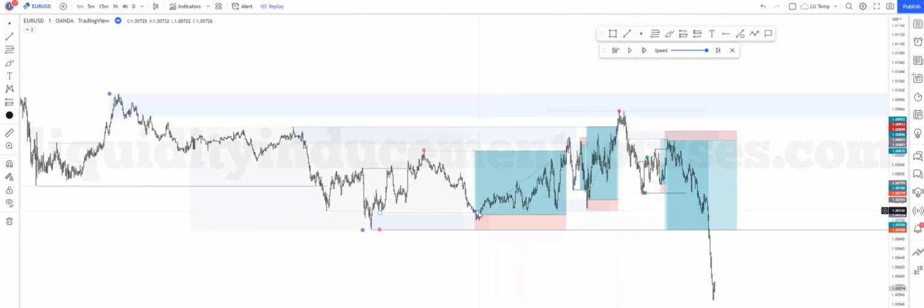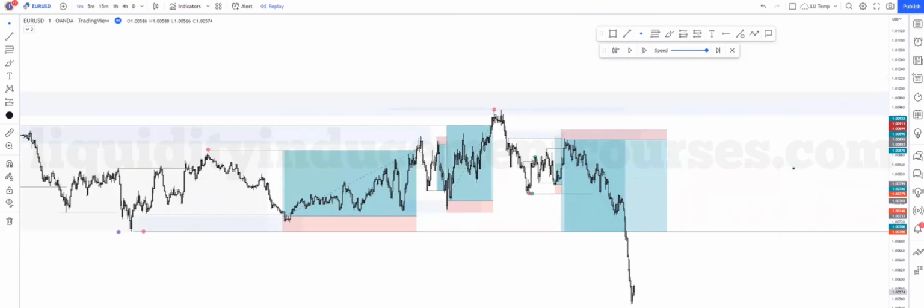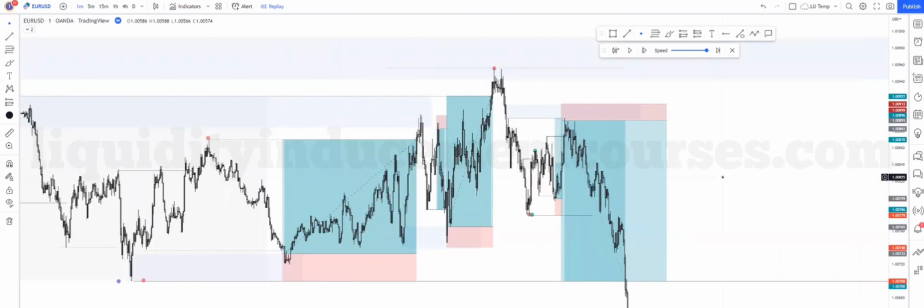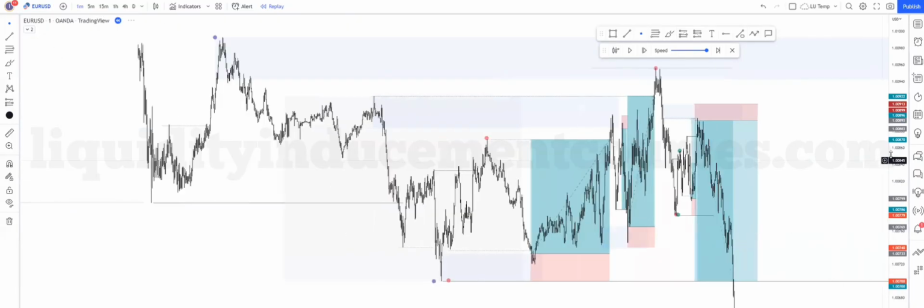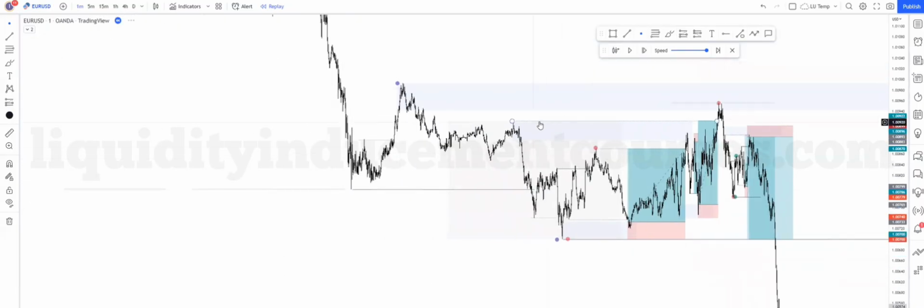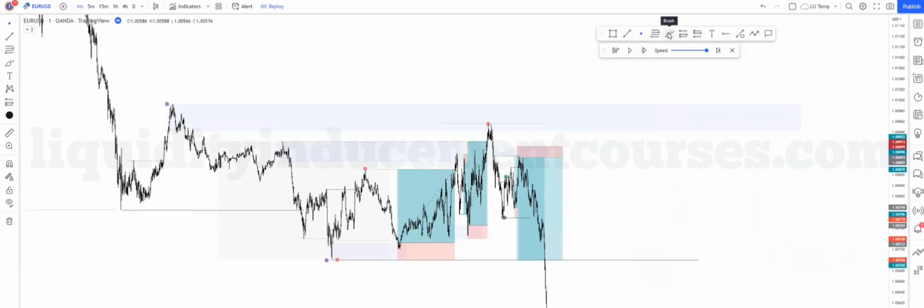So it was Frankfurt, and then we had London, Curzon, London open. So these were all the opportunities that presented during this session. All right, we completed the range cycle, which was take out internal, then external. So the overall cycle is complete. Done.